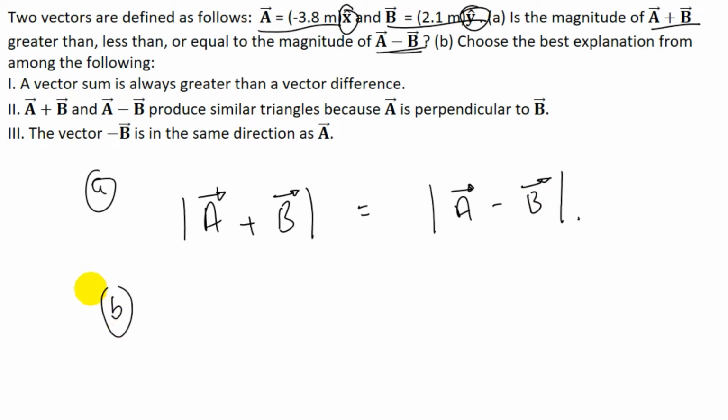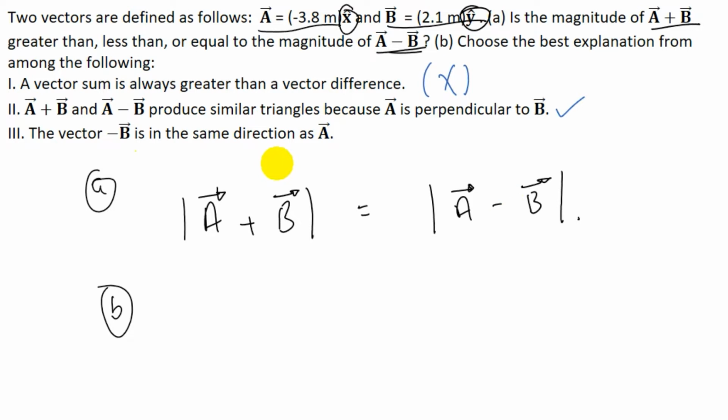Now next, in the B part we have to choose the best explanation. First part, it says that a vector sum is always greater than a vector difference. This statement is totally wrong, because vector sum is not always greater than the vector difference, so this is false. Next it says that A plus B and A minus B produce similar triangles because A is perpendicular to B. This statement is true, and this is the correct statement for this question.